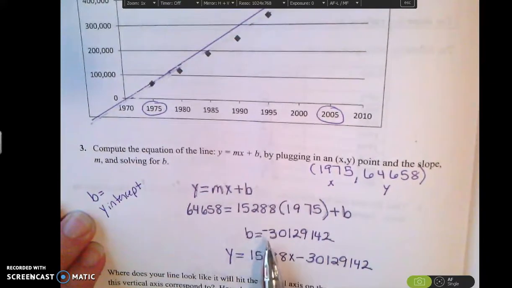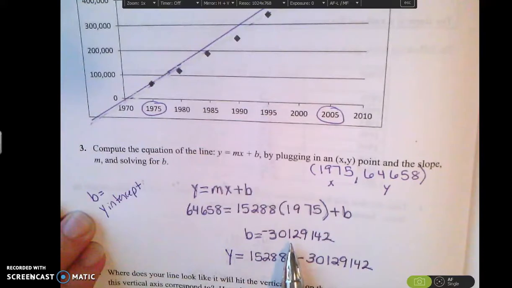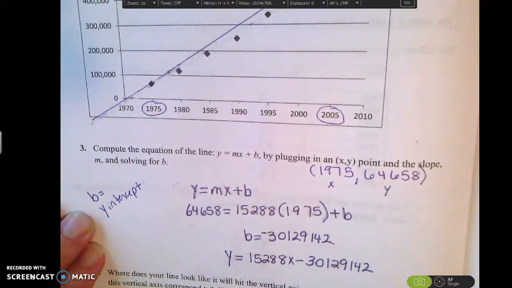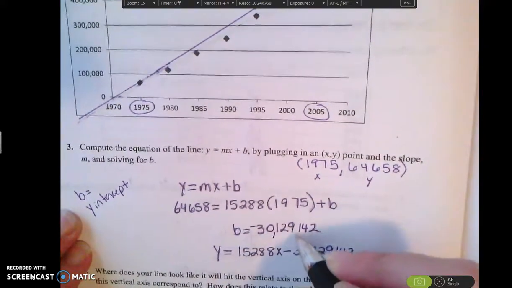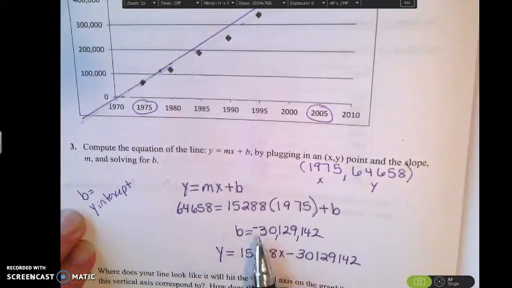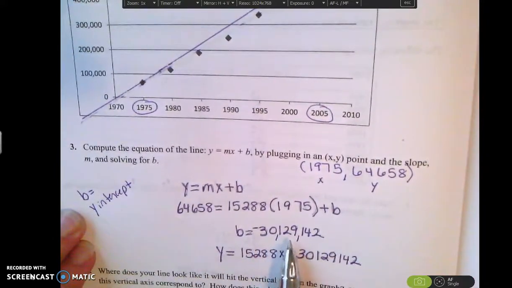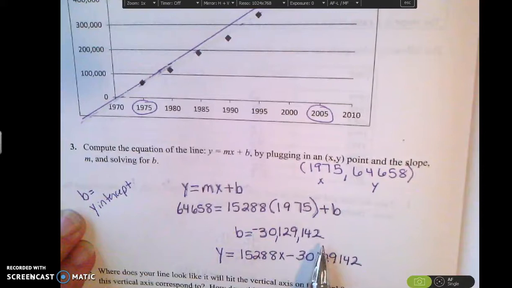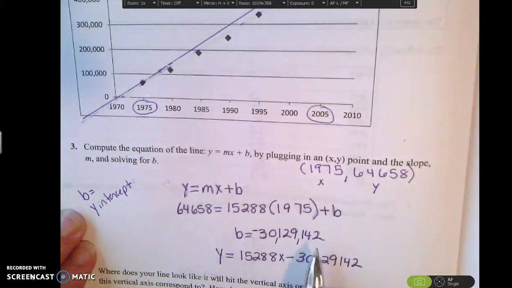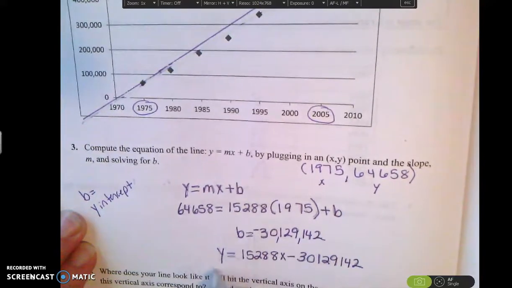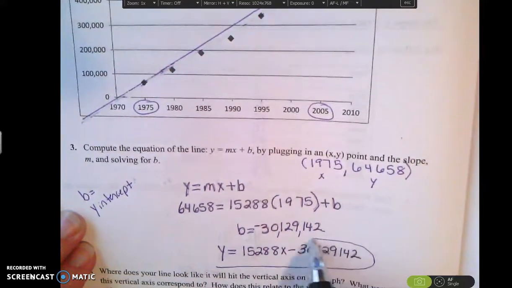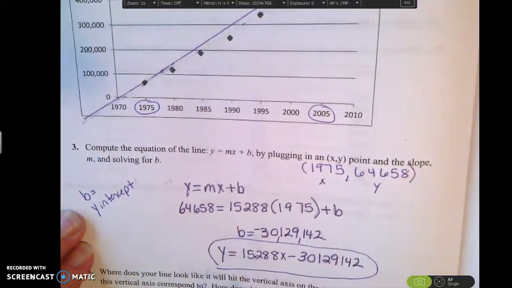And I end up with b is negative 30,129,142. Sorry, I've got to put my commas in there so I can see it. Then when I substitute that back into the problem, this would be my linear equation for this problem.